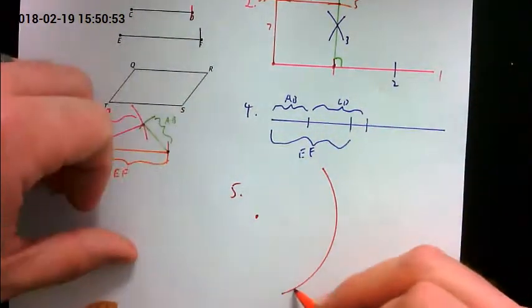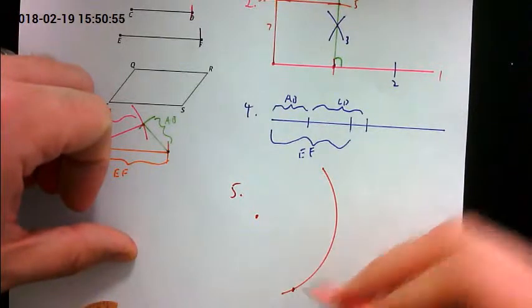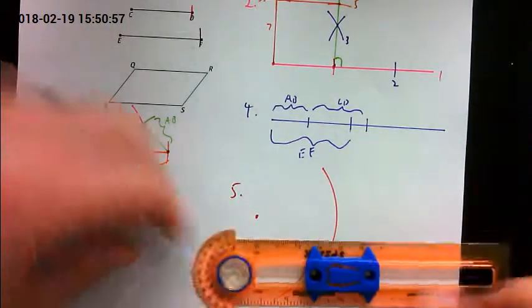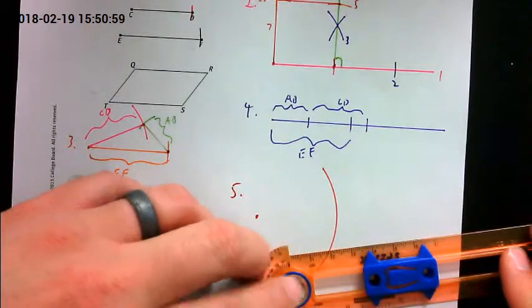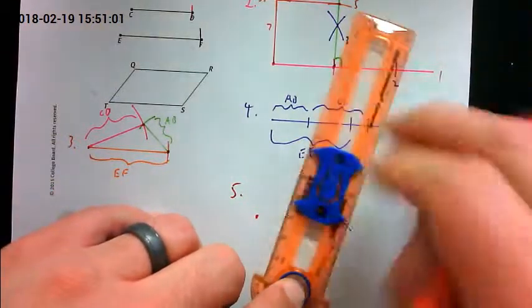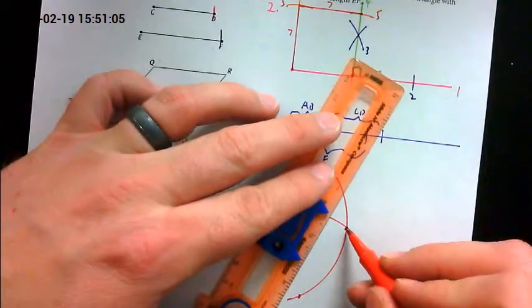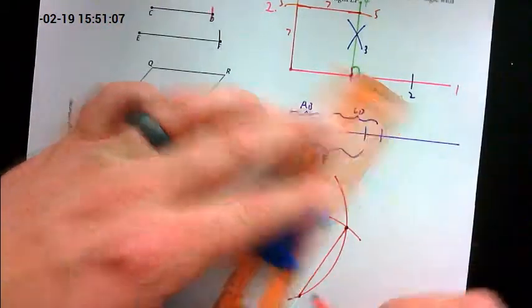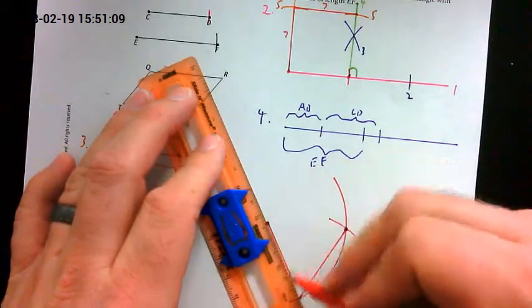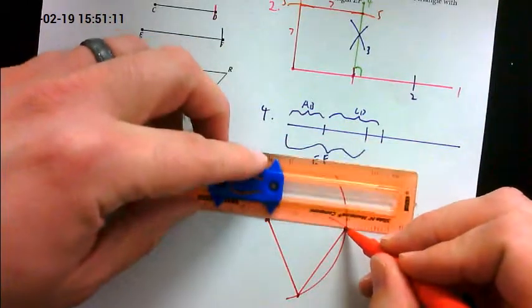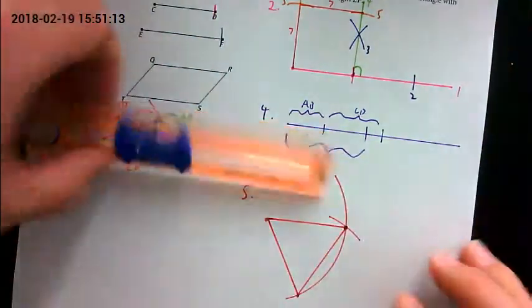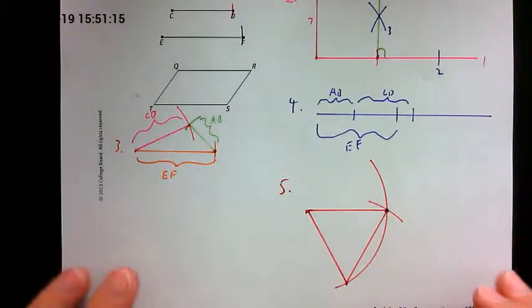Again, pick a point on that arc. So I got 2 vertices. Now from that, I'm going to swing another arc that intersects the first one. Got 3 points. That should be an equilateral triangle. Connect them. And that's it.